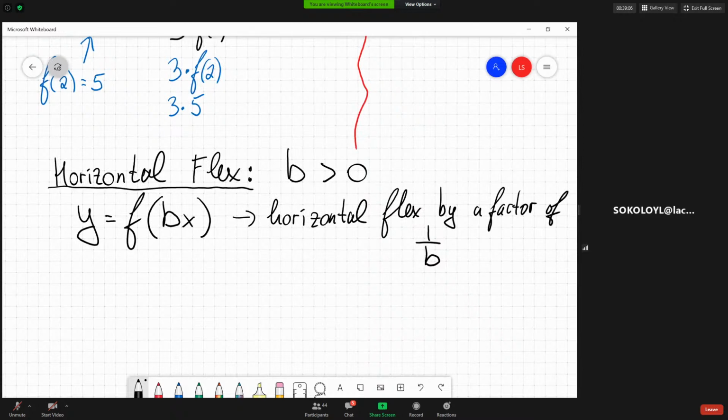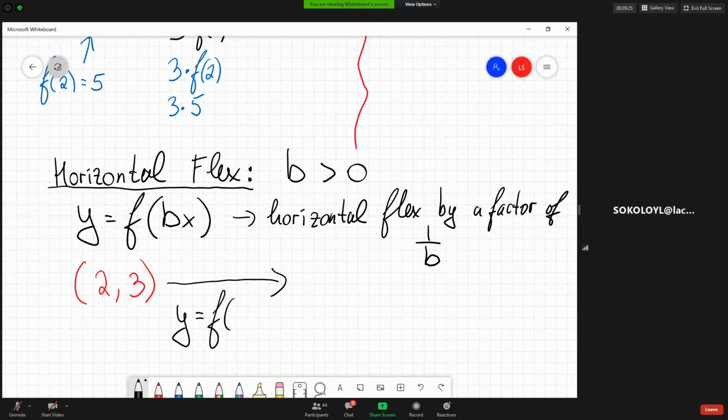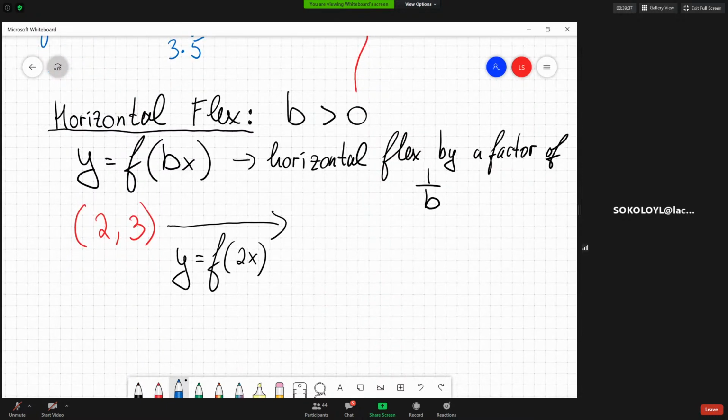So if I, for example, have an original point of (2, 3), and I apply a horizontal flex of y equals f of 2x, then for me to know where this point is located, I would have to plug in half of the original point, right?